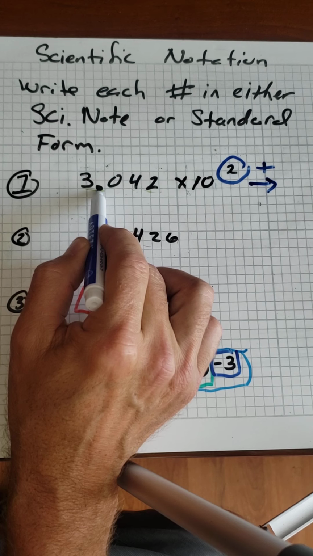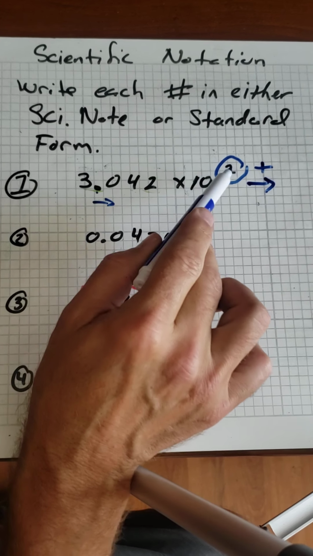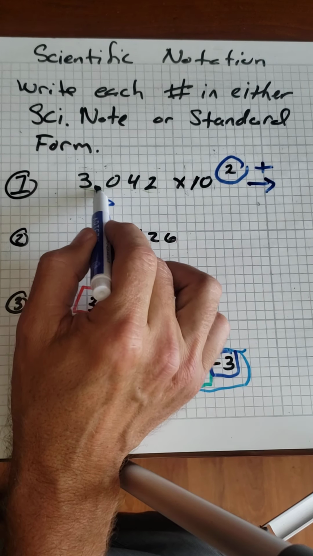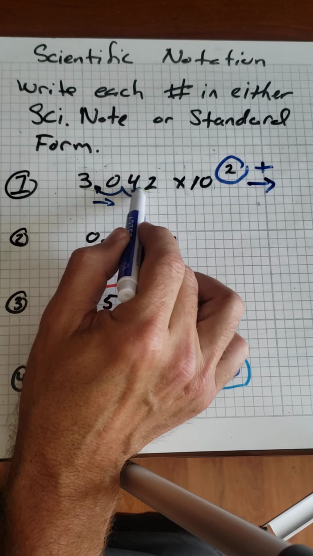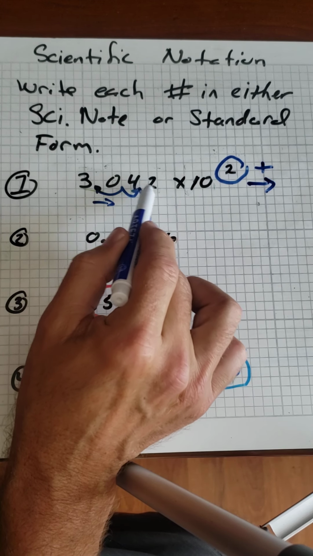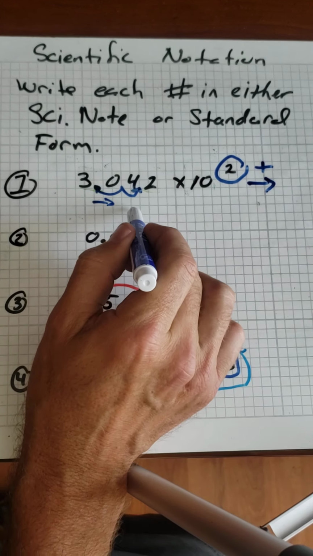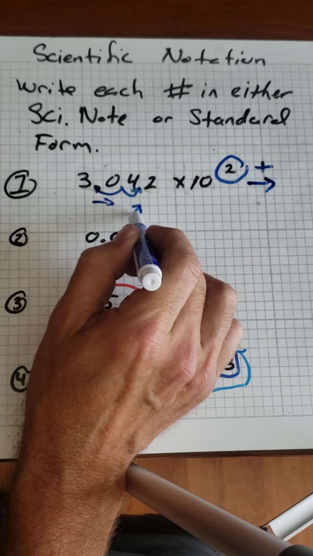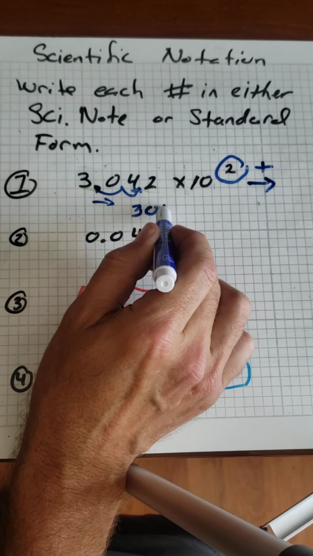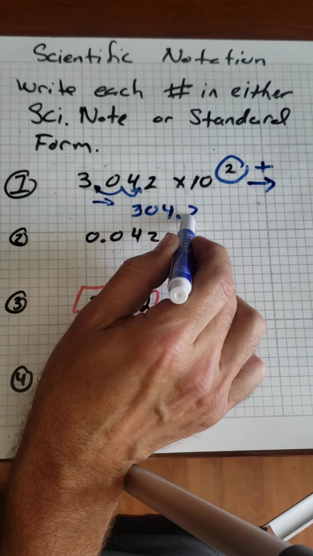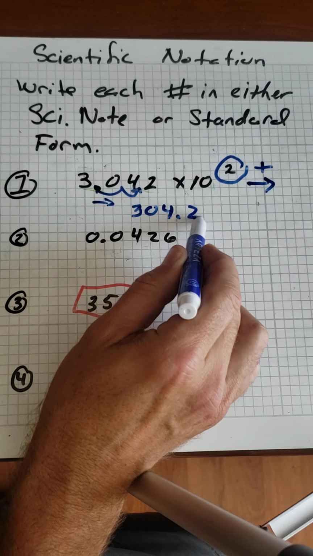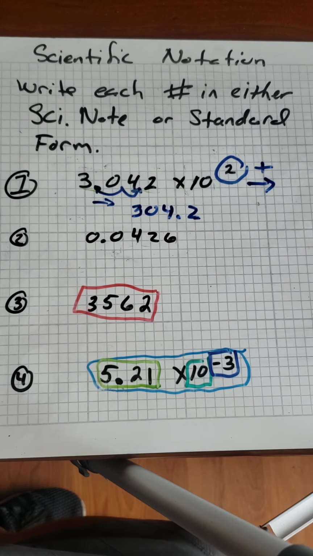If I'm moving it right, then I'm moving it in that direction, and I'm going to move it that many times. So I'm going to go 1, 2. So my new decimal point is going to be between the 4 and the 2. So my number in standard form then is going to be 304.2.